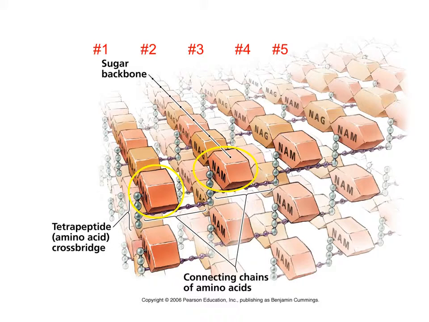The layers are labeled in this image 1, 2, 3, 4, and 5. So each layer is composed of NAG-NAM, these repetitive modified sugars, and they make up these rows, these layers.